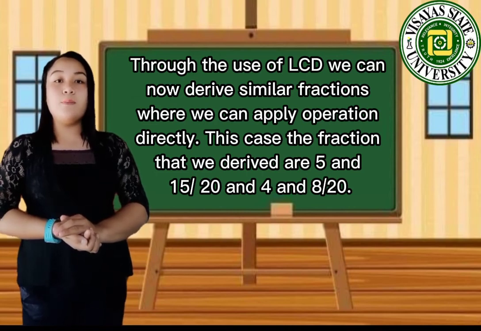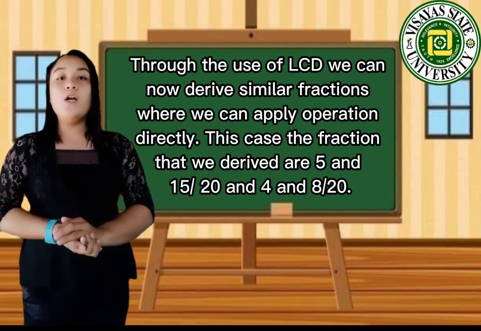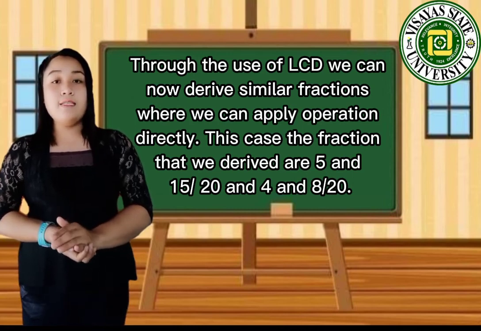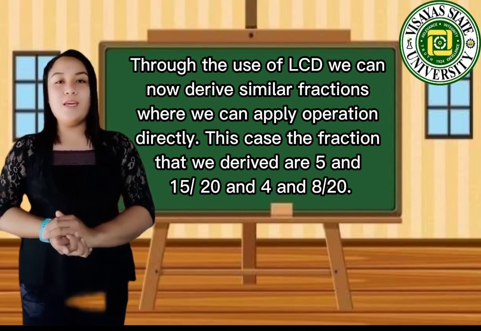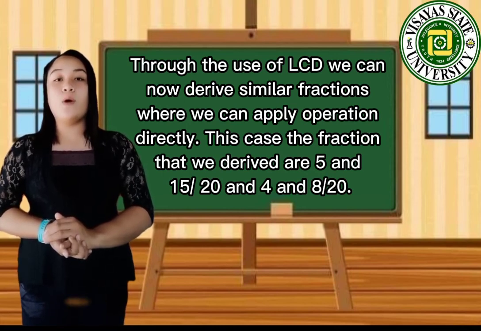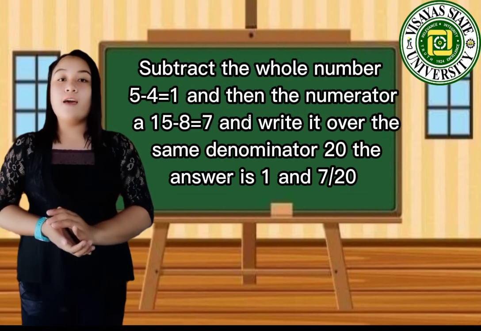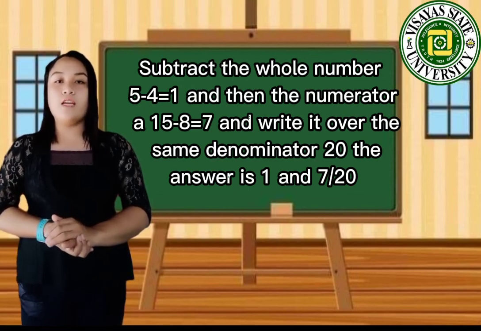What is the LCD of 4 and 5? Through the use of the LCD, we can now derive similar fractions where we can apply the operation directly. In this case, the fractions that we derived are 5 and 15/20 and 4 and 8/20.